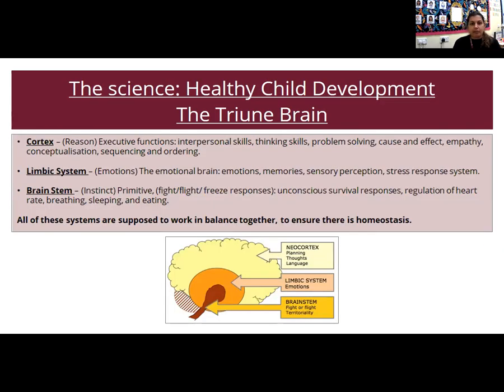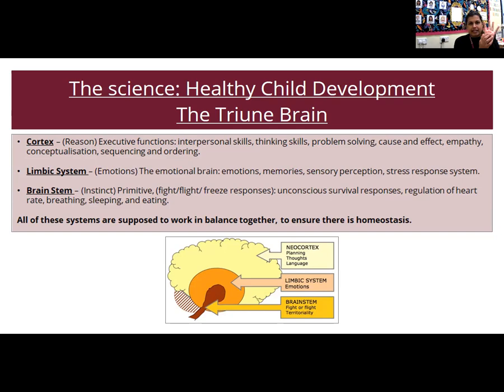When we're thinking about the brain and healthy child development, we call that the triune brain. That basically talks about three parts of the brain that are working together in balance, so that we've got that really nice homeostasis, and the child is emotionally stable and able to regulate their emotions. And we do this using a hand model. So if we think about our hand here, we have the brain stem in this section here.